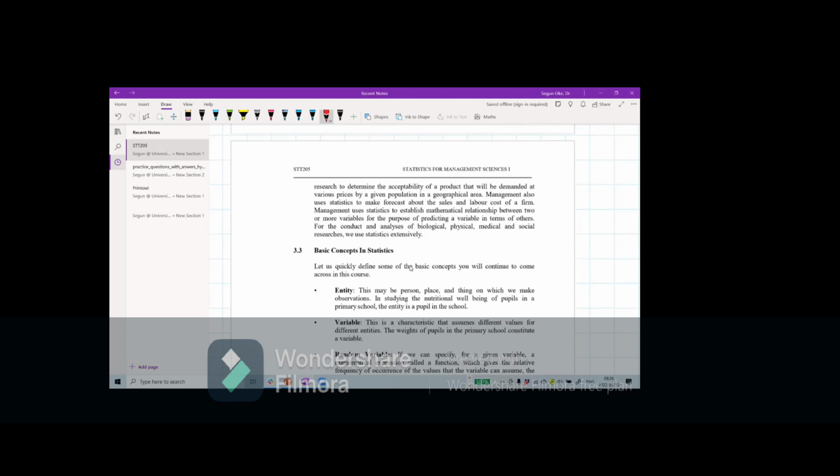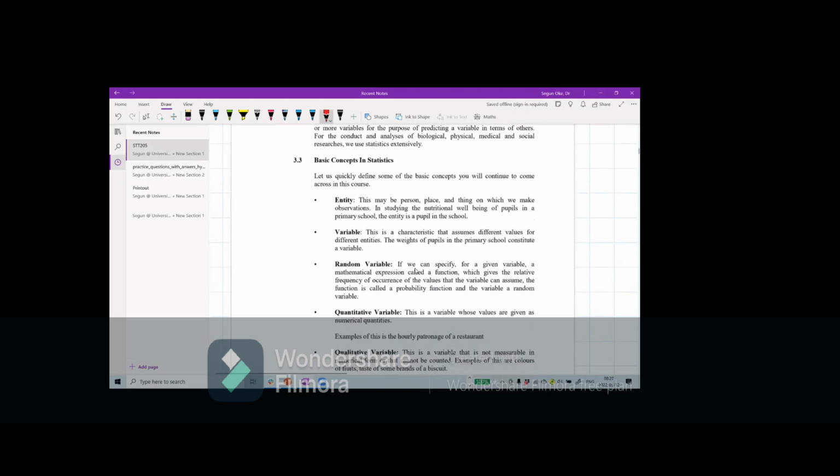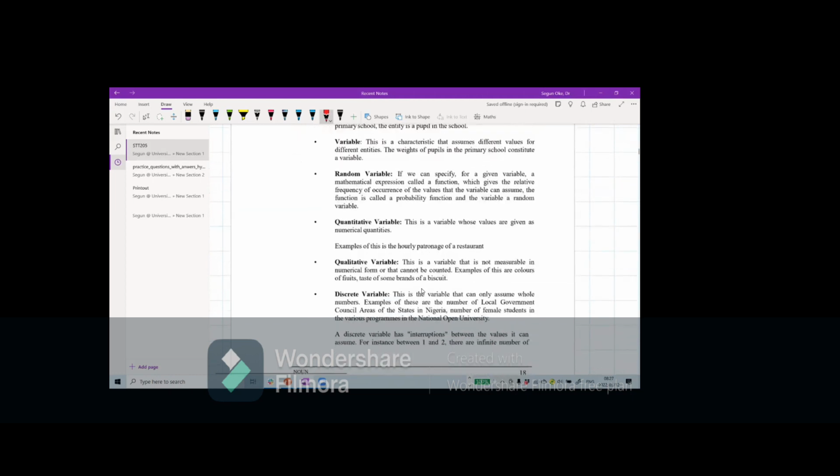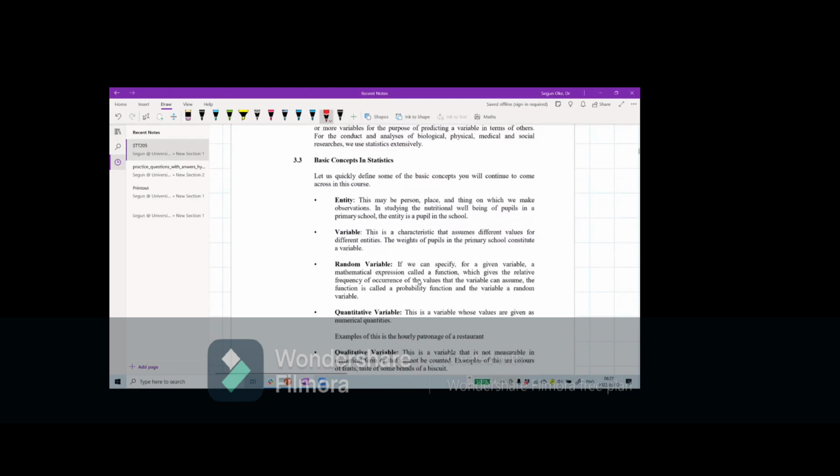Now, another basic concept that we need to know is entity. We have variable, we have random variable, we have quantitative variable, we have qualitative variable, we have discrete variable. Now, let's take it one after the other. When we are saying entity, this may be a person, place, or thing on which we make observation.